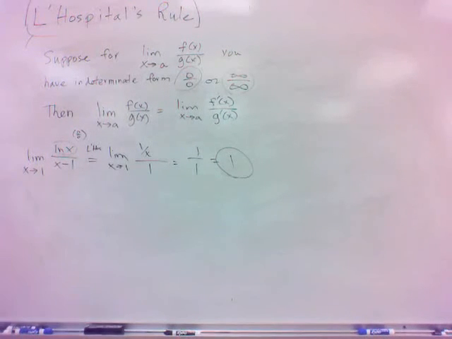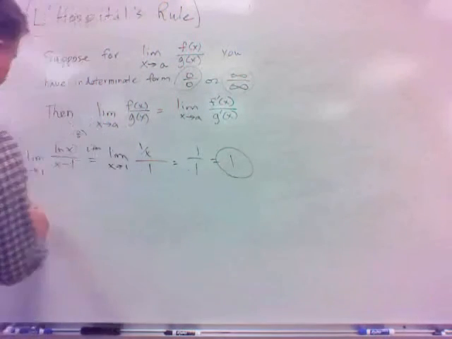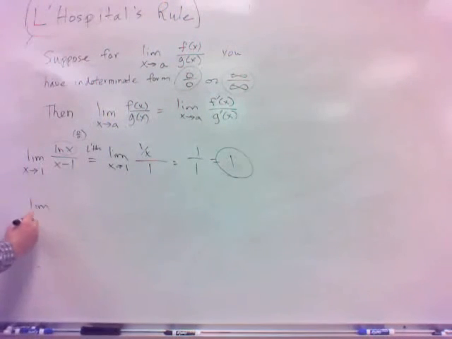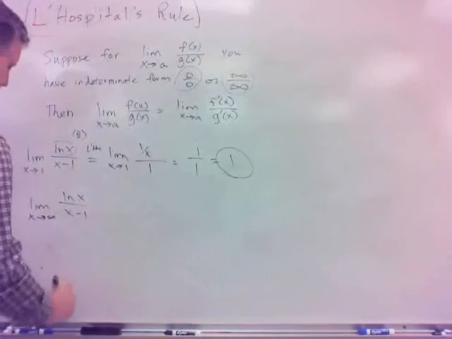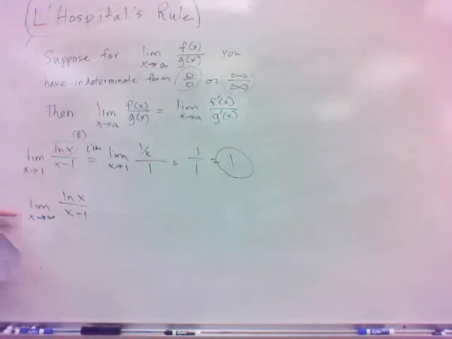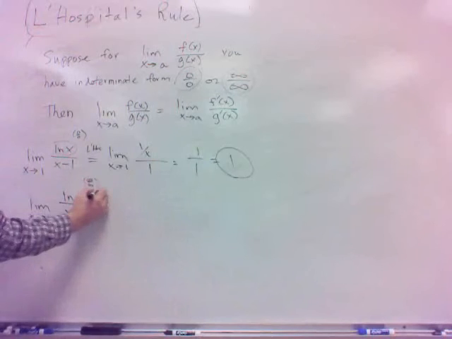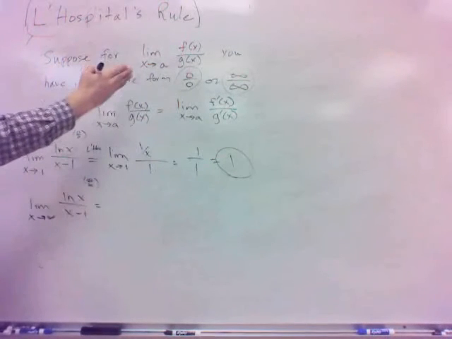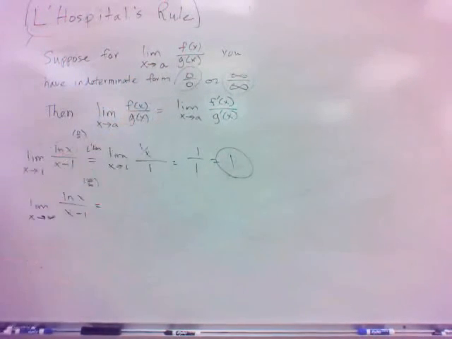All right, well, we had an infinity over infinity. If x went to infinity, same things, but this was infinity over infinity. Well, infinity over infinity tells me that also I can use my L'Hopital.